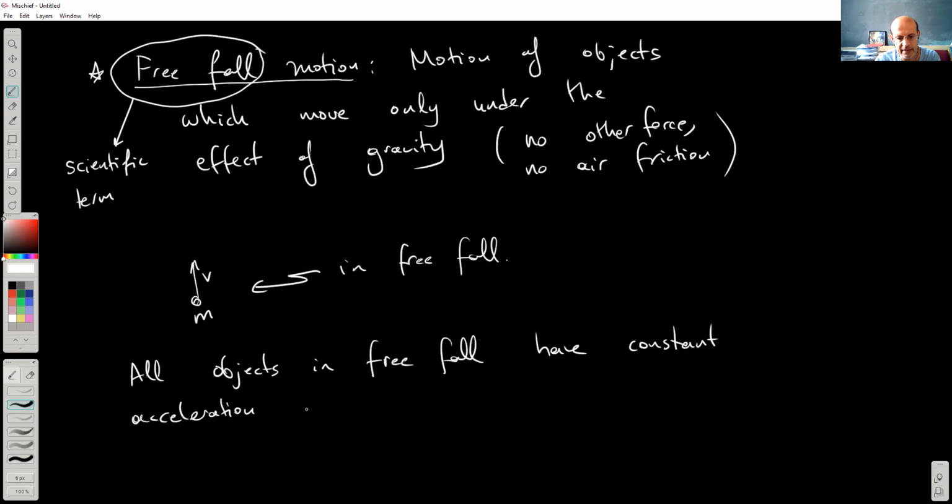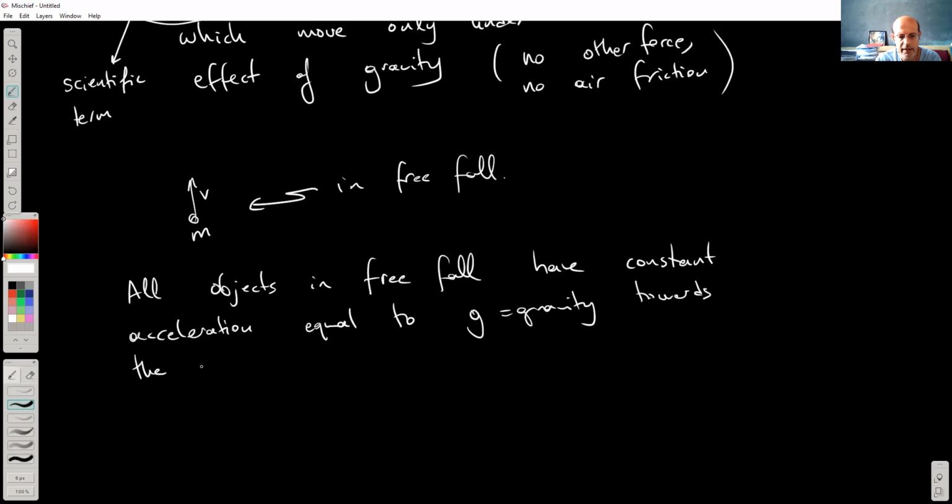Let's say equal to the g gravity towards the center of Earth. So it's basically some magnitude and the direction as well. So gravity, of course, has the value of 9.8 meters per second squared on Earth.